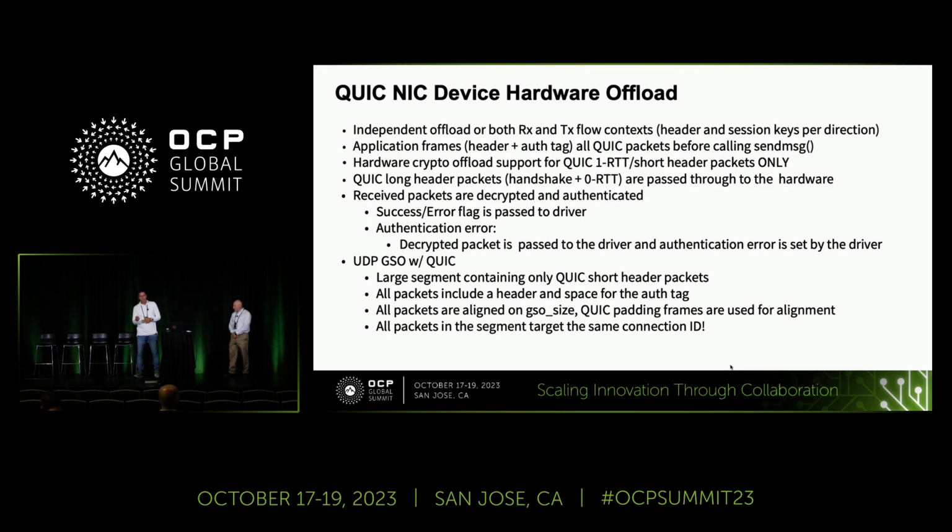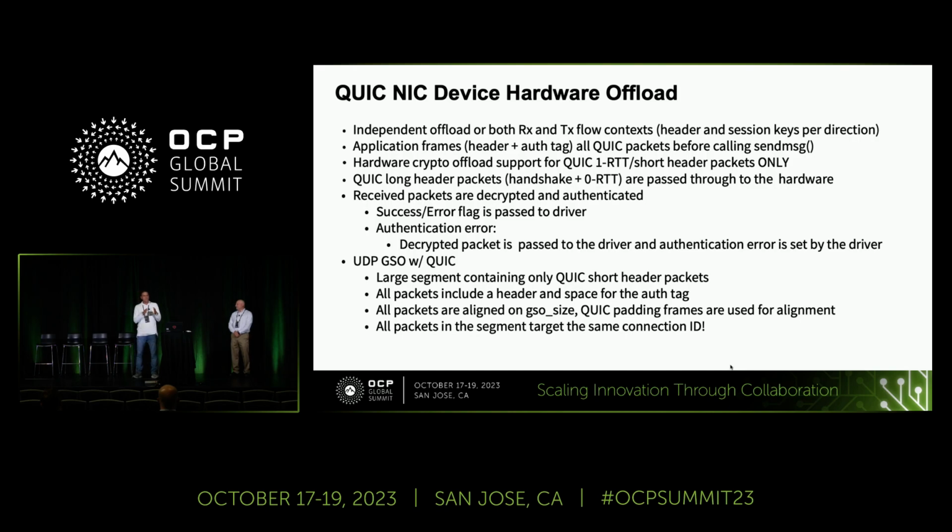Another requirement that we have is that all of the short header packets in that large segment all have to target the same destination connection ID. If you think about this from an efficiency standpoint in the pipeline, when the hardware is breaking up that large segment into multiple packets, it's going to load a crypto context, and that has the keys for that connection ID.